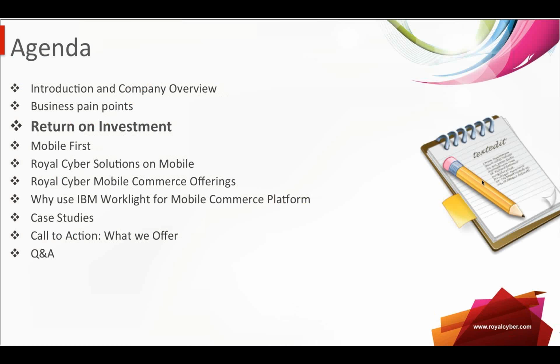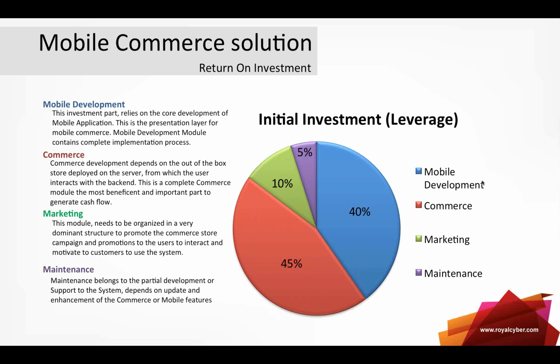Return on investment. We did a little bit of study around return on investment. What we found out was that, as you can see, the initial investment is the one that we are trying to figure out here. The mobile development is 40%, so it takes a lot of chunk there. But the important thing you need to note is that 45% of this initial investment goes to commerce development, right?